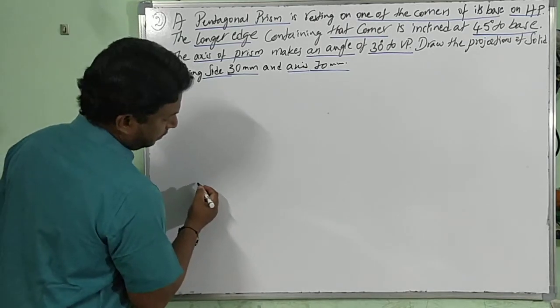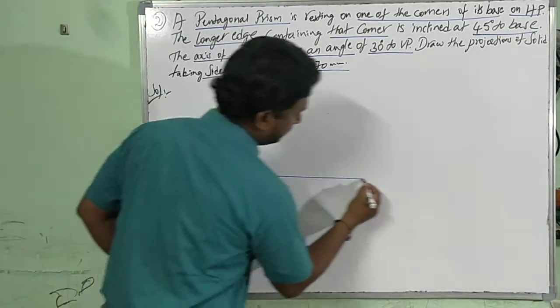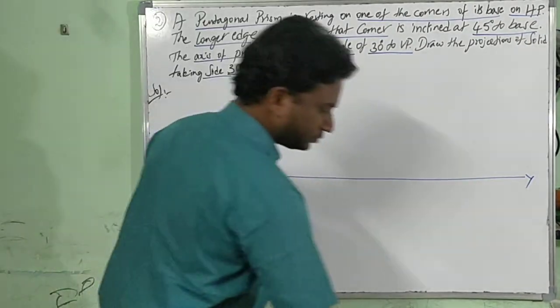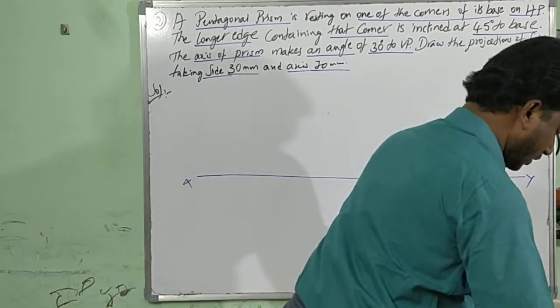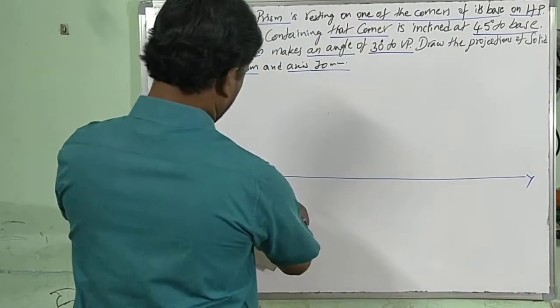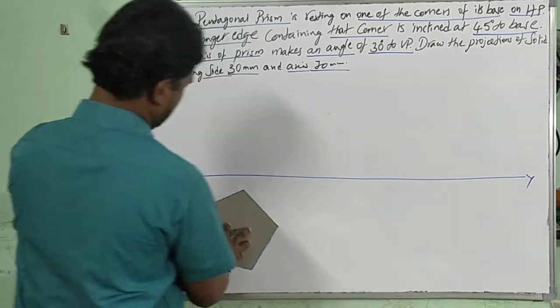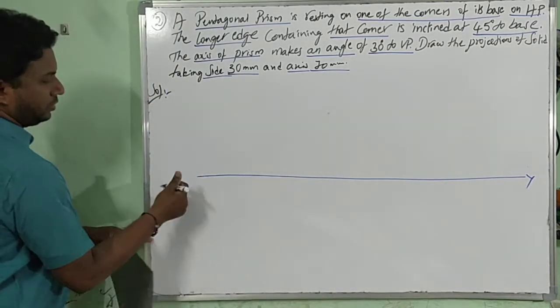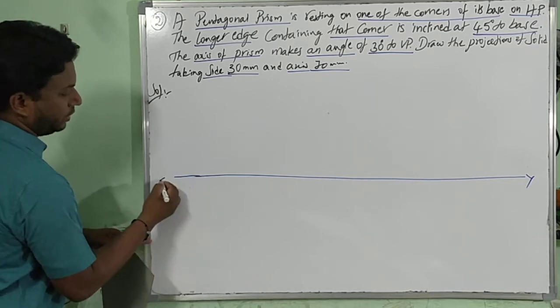We'll start by drawing a long XY line. Let me draw a pentagon of side 30. I'm going back because I need more space.